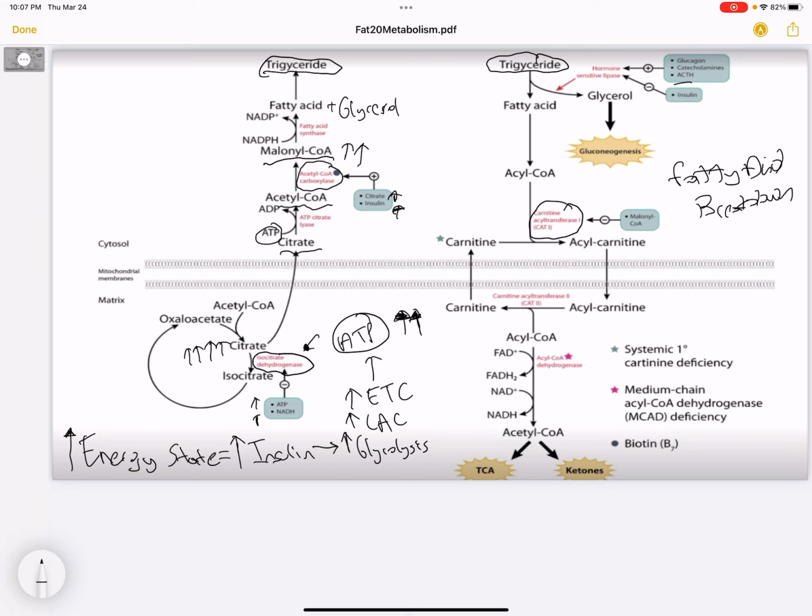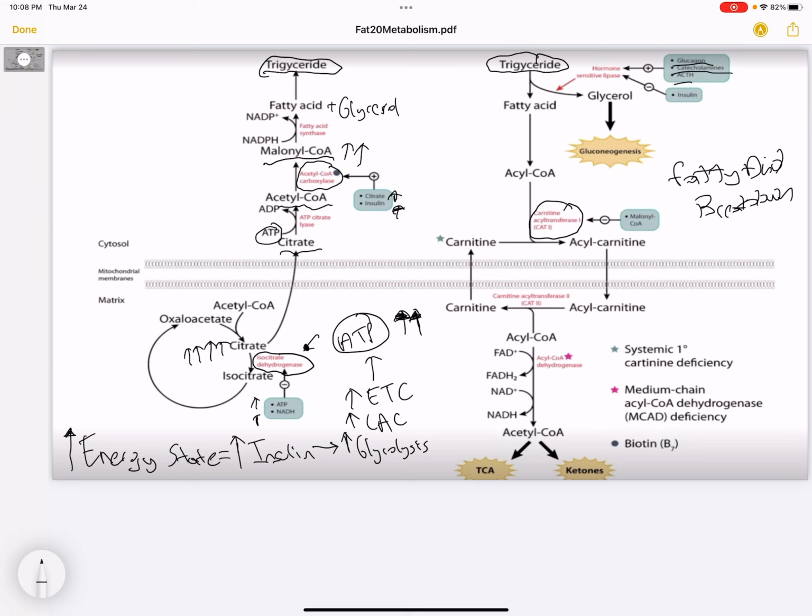And this should make sense because these are all hormones that get released during times of fight or flight. So when our sympathetic nervous system is in charge, all these hormones get released, and we need energy to, let's say, run from a bear, and we can provide that energy by breaking down fat. So it makes sense that all these hormones are going to upregulate hormone-sensitive lipase.